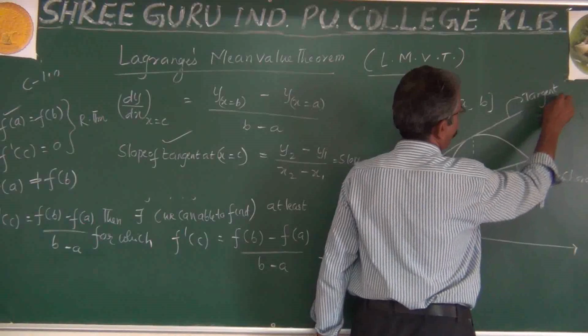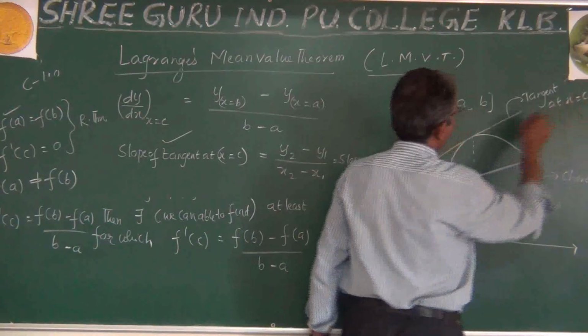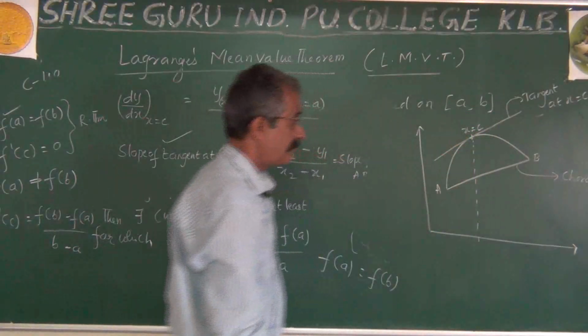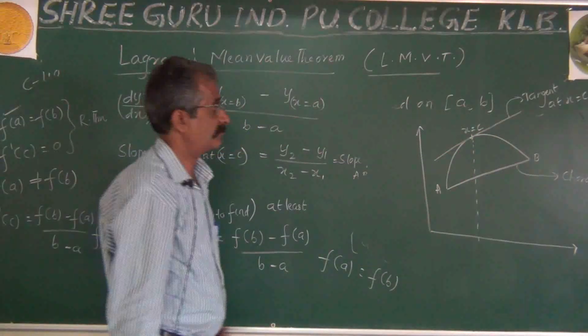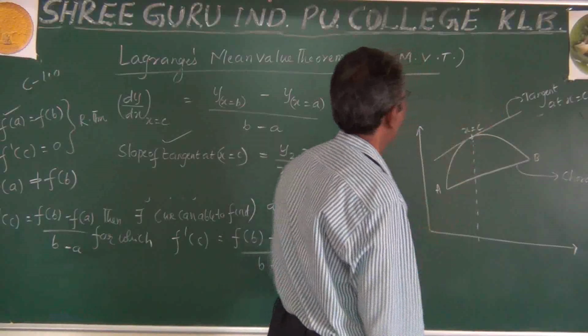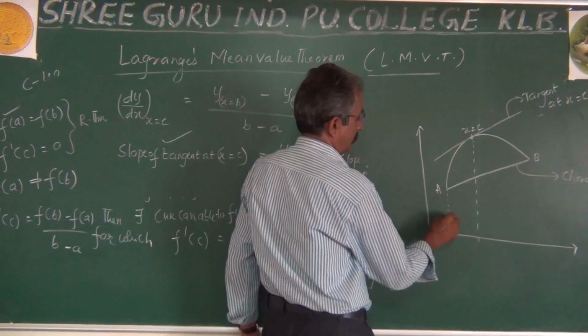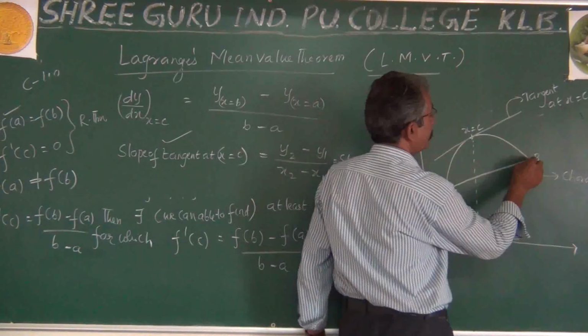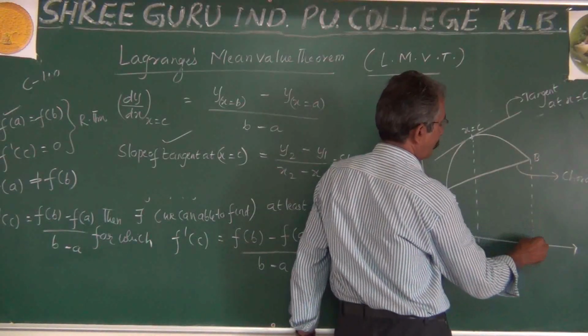Tangent at x equal to c. This point is x equal to c, abscissa c, ordinate y of c. This is one end point of the interval, x equal to a. This is another end point of the interval, x equal to b.